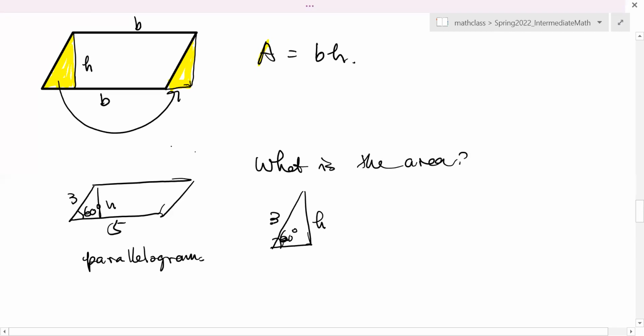This is 3. According to the formula, since this is a special triangle, h is going to be square root 3 over 2 times the hypotenuse of the triangle, that's going to be 3. So that is h, the height of the parallelogram.